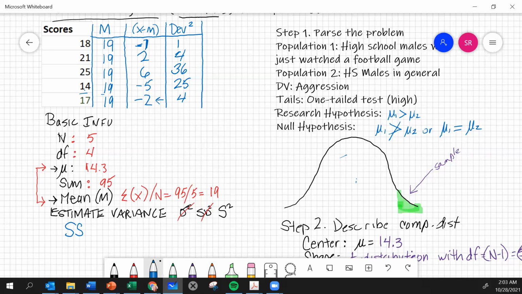These are our squared deviations, and SS means the sum of squared deviations. If we add all of these up, 1 plus 4 plus 36 plus 25 plus 4 equals 70.